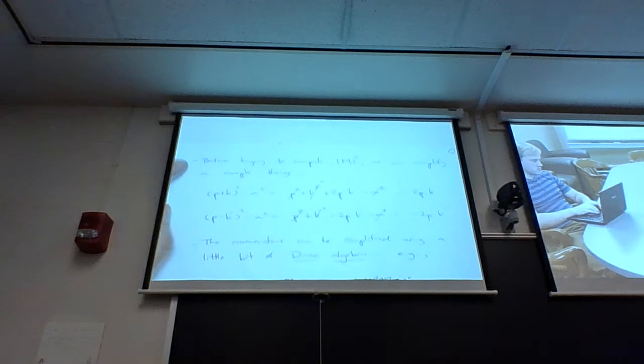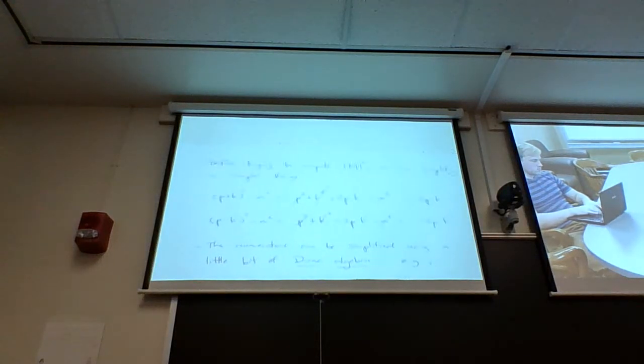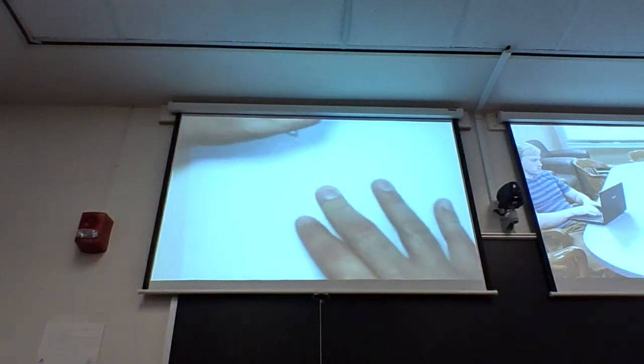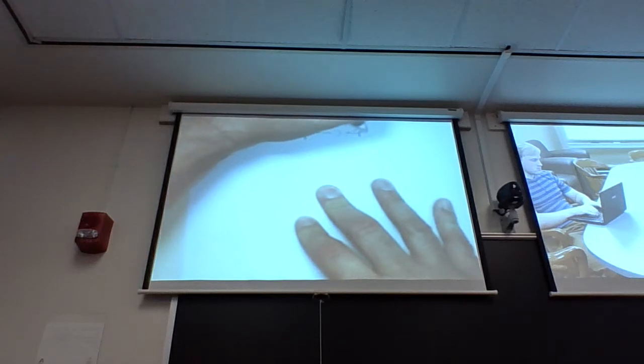Another nice little trick to simplify things is to use the Dirac equation in momentum space. Remember, the Dirac equation in momentum space looks like (p slash plus m) u(p) equals 0.